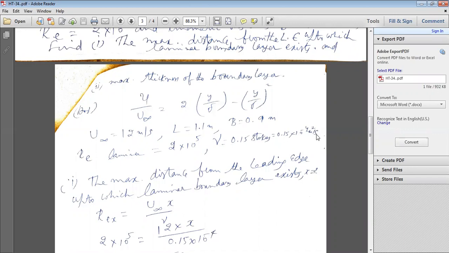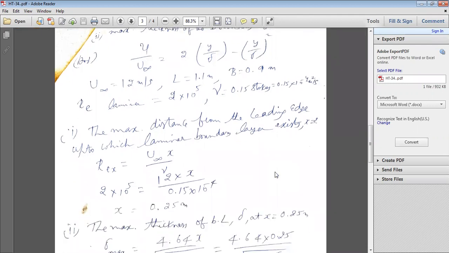To convert Stokes into meter square per second, you have to multiply by 10 power minus 4. This is standard, verify from the textbooks. That's why 0.15 Stokes is equal to 0.15 into 10 power minus 4 meter square per second.